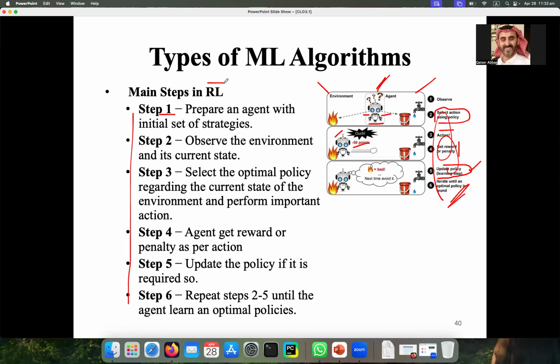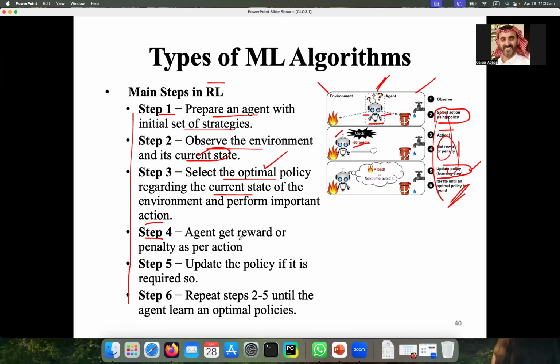Here the agent will prepare with the initial set of strategies with the algorithms. Step 2, observe: it will observe the environment and its current state. And it will select the action according to this current state. From the optimal policy, it will select some action and perform that action.